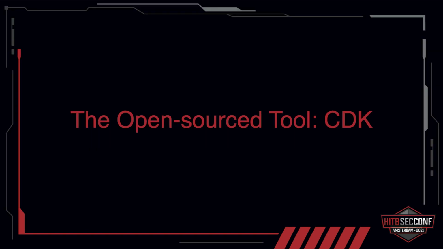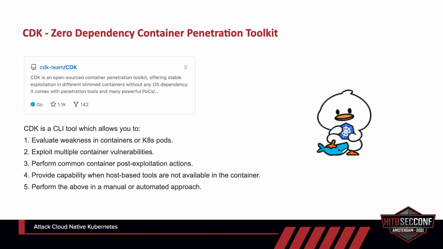Okay, by now we have talked a lot about how to identify and exploit container vulnerabilities, which is quite a common problem in Red Team. So with that problem in hand, and particularly thinking about automation, we created a tool called CDK, written in Go and released as a binary.